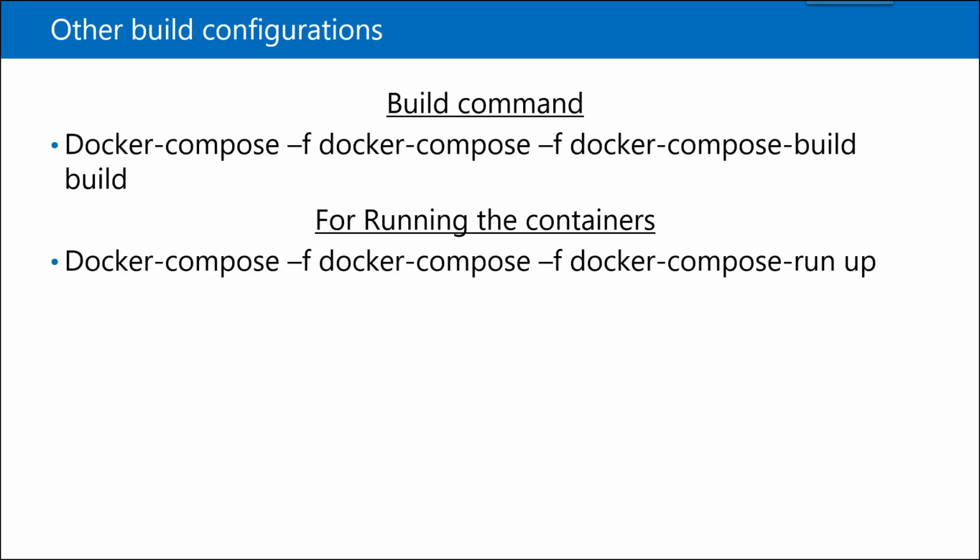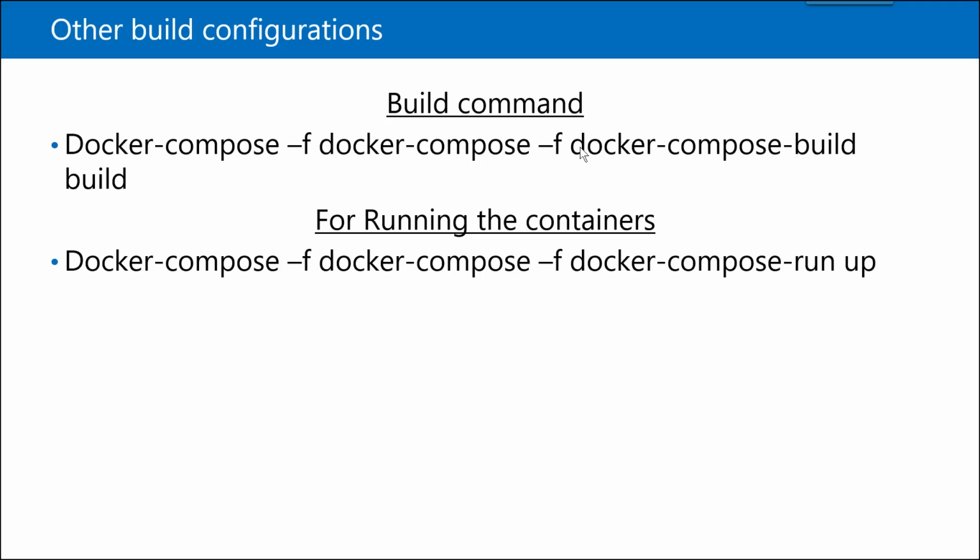So as discussed, these are the other build configurations. In the first configuration, we are going to build the image, and this is how we can do it. The first Docker Compose file is specified with the f switch, and this file will be used as a standard file, whether you are running the container or building.